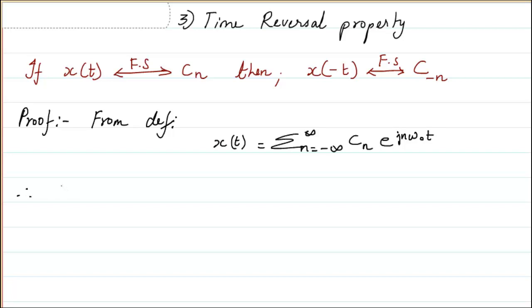Therefore, if I am trying to find out for the case of x of minus t, all I have to do is put the value of t as minus t. So I will write this c n e raised to power j n omega naught t, now instead of t it is minus t.